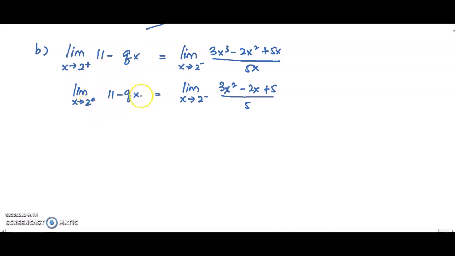Put in the 2, I have 11 minus 2q for this. And for the other side, I put in the 2, I have 3 multiplied by 4 minus 4 plus 5 over 5. Simplify this, you get 12, 12 minus 4 is 8, 8 plus 5 is 13 over 5.